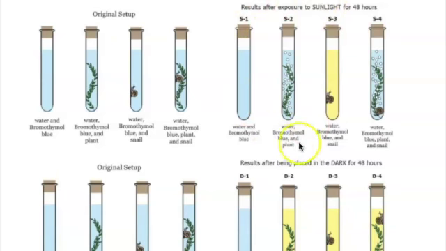Well, this experiment was run through the sunlight, and this one through darkness. In order to answer these, we have to really think about what process happens in sunlight and what process happens in the dark.